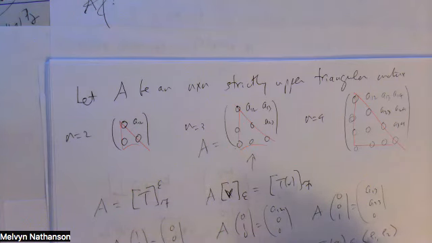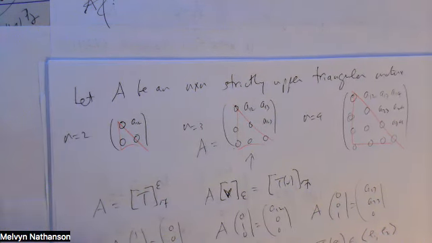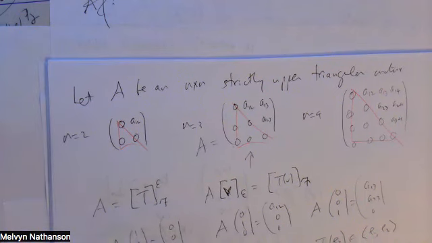If I apply T to E1, I get 0. If I apply T to E2, I get something in the subspace spanned by E1. So T cubed of E3, if I apply T to this, that's T of some scalar multiple of E1, that's 0. So for this 3 by 3 matrix, A cubed is 0.